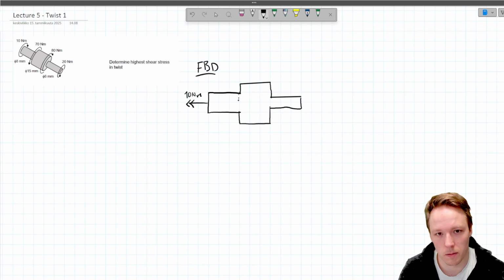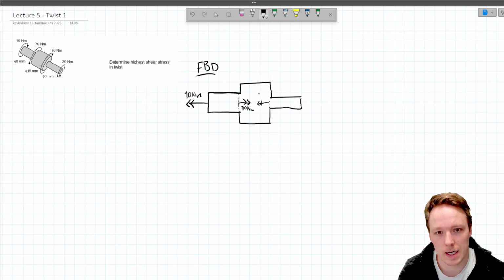Then I will mark here the cross section so it's easier to visualize, like so. In here we have torque to the opposite direction, 70 Newton meters, like that. And in here we have torque once again to the left.